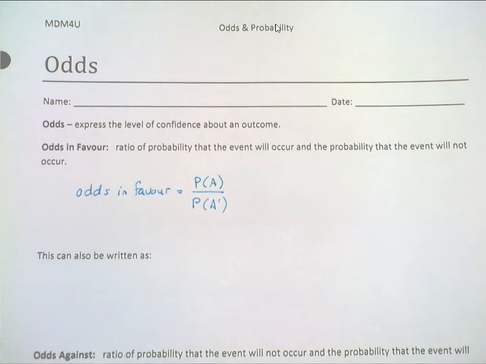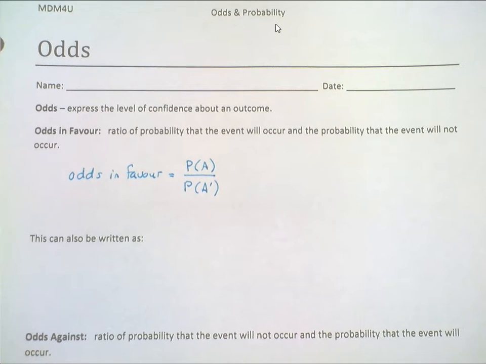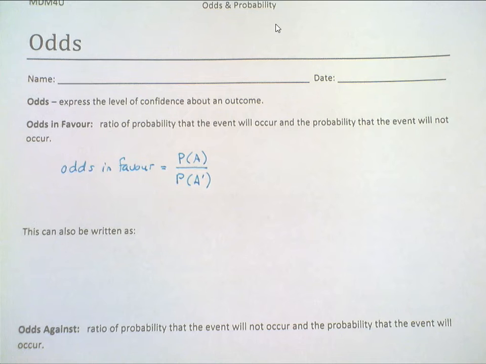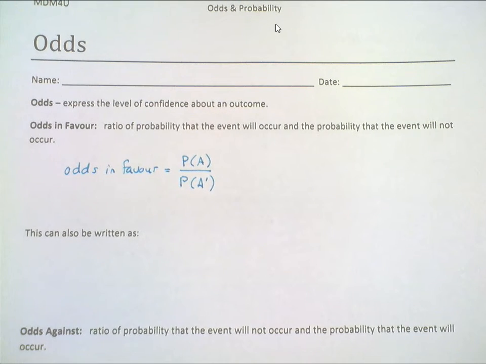That's as simple as it is, and we're going to see another way to write it in just a second. Then we'll look at some examples, and that will really give us an idea.